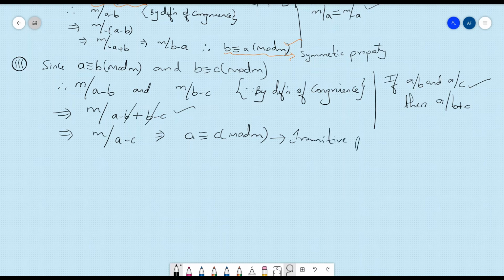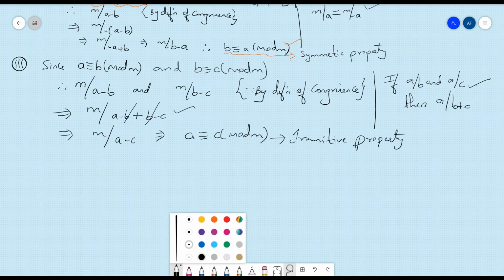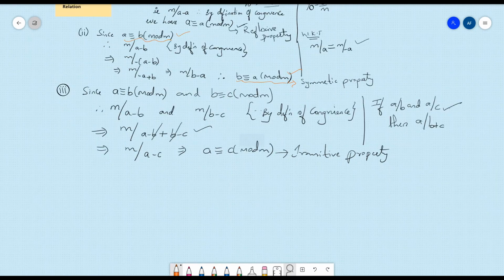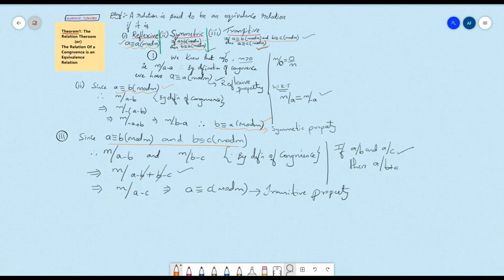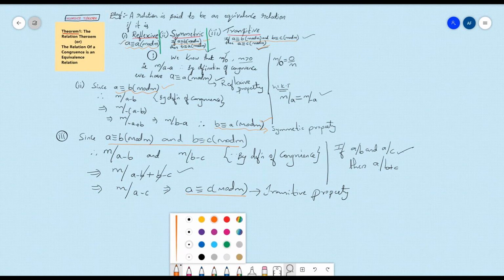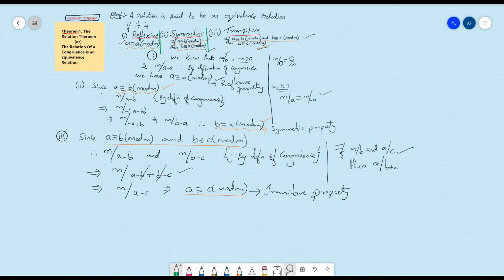This is your transitive property. What are the things you are taking here? You are taking these two, and at last you are going to prove this one. This is your transitive property. So we have proved the reflexive, symmetric, and the transitive property.